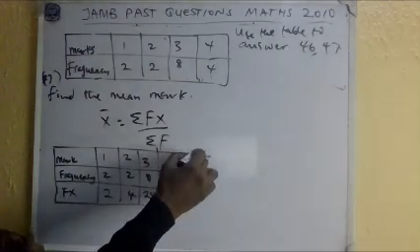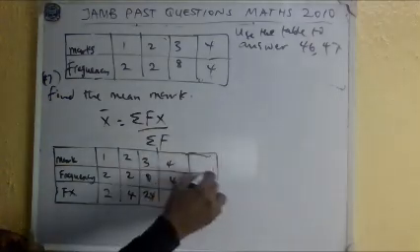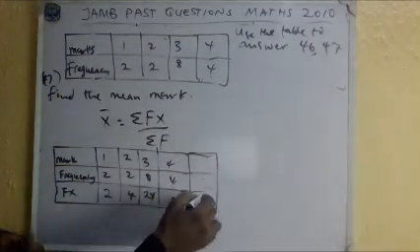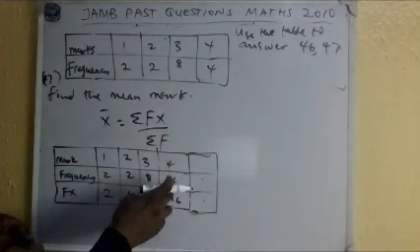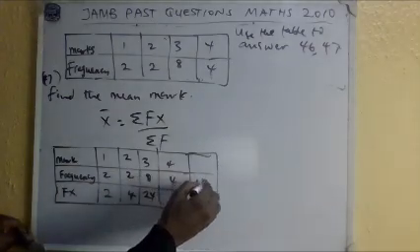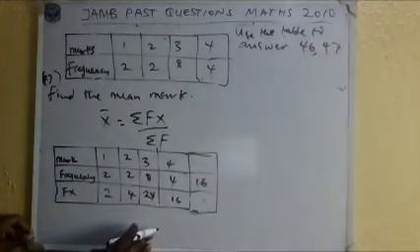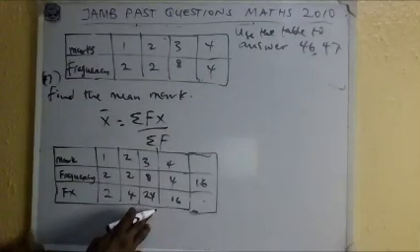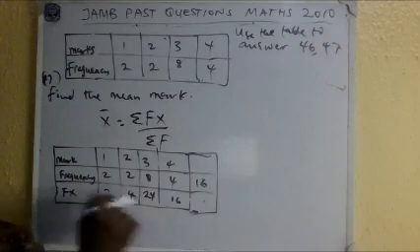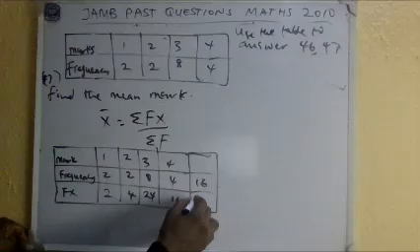Now for the sum of frequency, I need to get this point and this point. Sum of frequency is 2 plus 2, 4. 4 plus 4, 8. 8 plus 8 is 16. Then the summation of this one is 2 plus 4 is 6, 6 plus 24 is 30, 30 plus 16... sorry, it's 46.